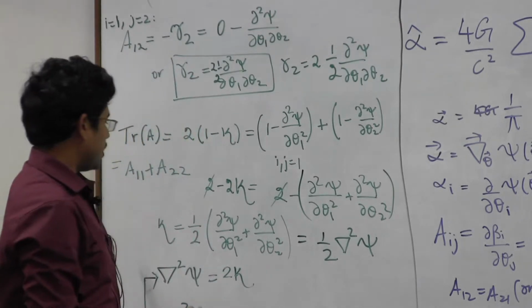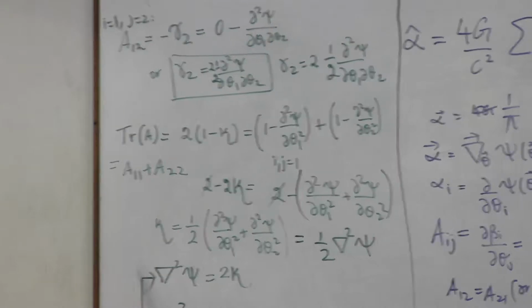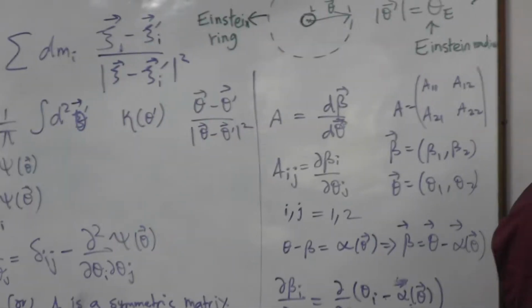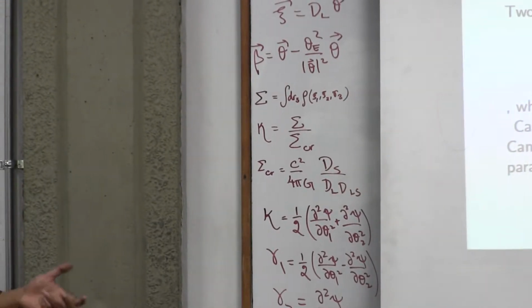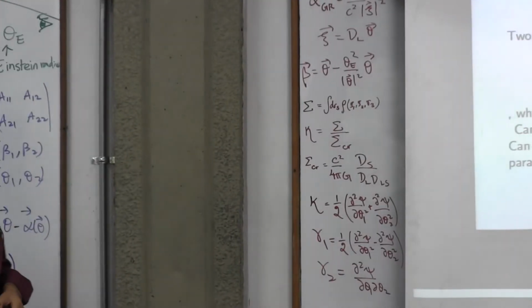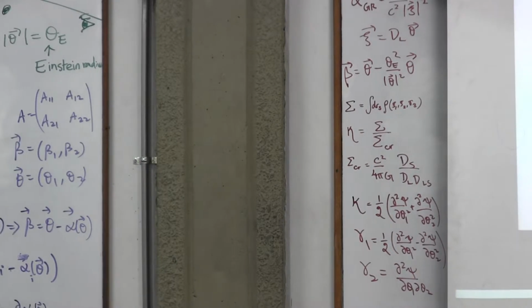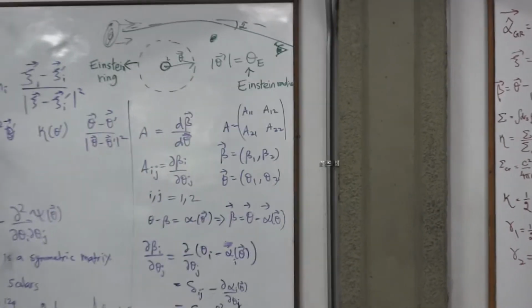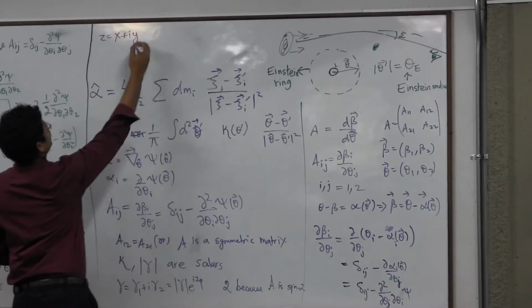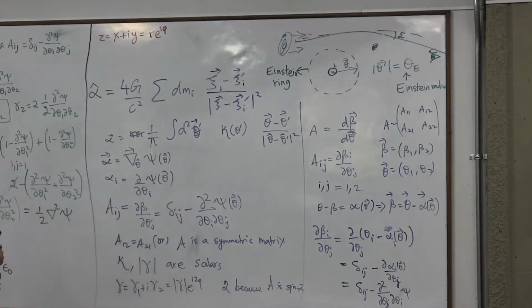If you look at this structure where it says something squared minus something squared, and here's a cross product, does it remind you of anything? Does it look familiar to you? So if you consider a complex number z as x plus iy, I will also call this r e to the i phi.